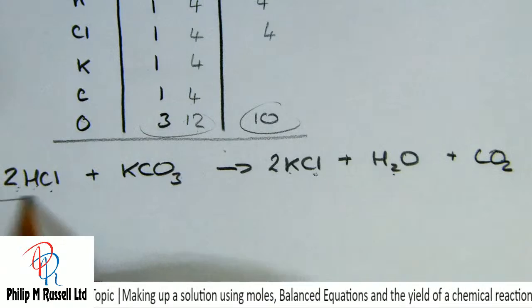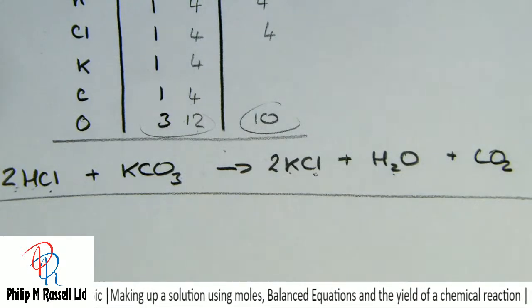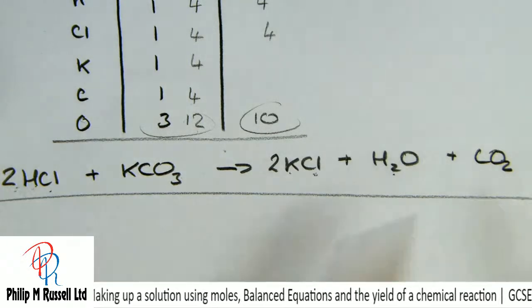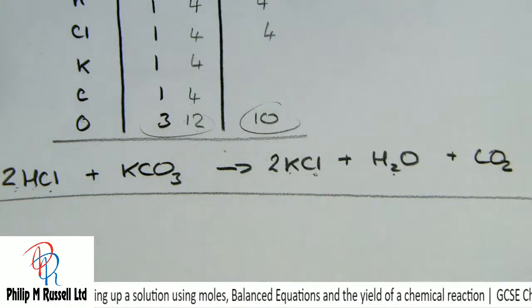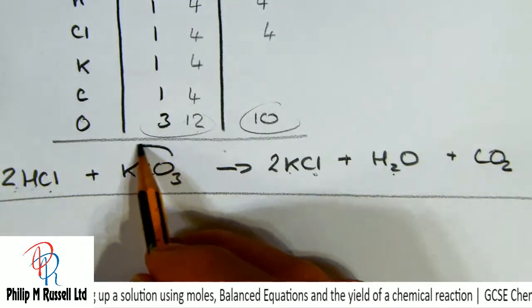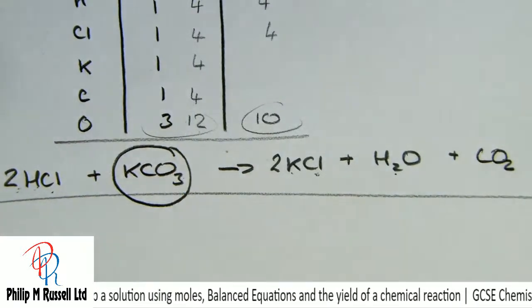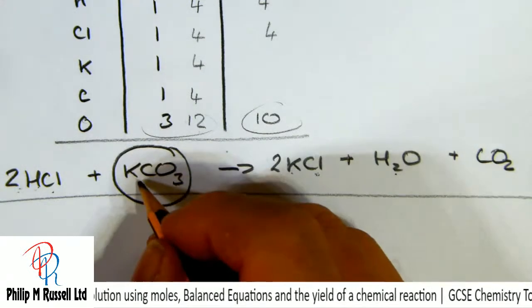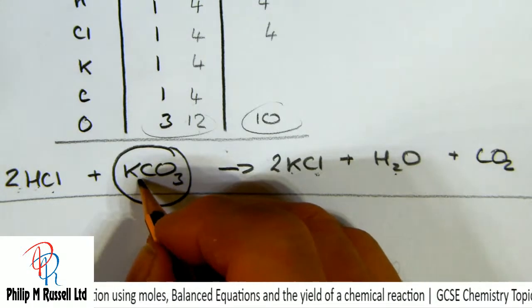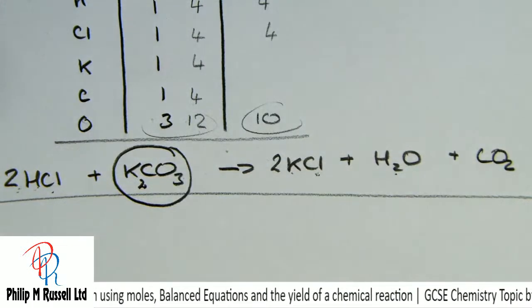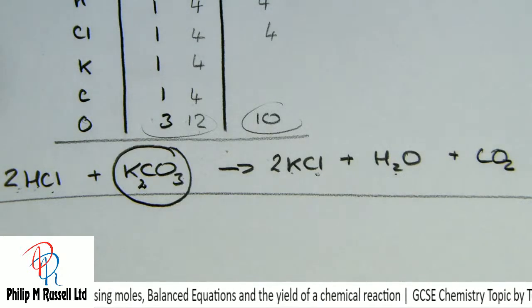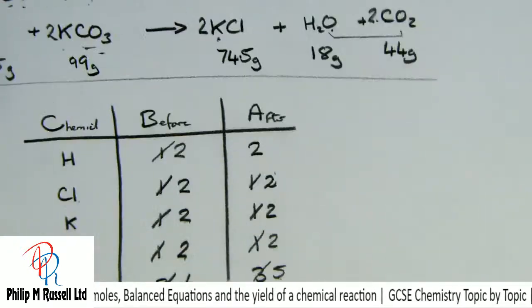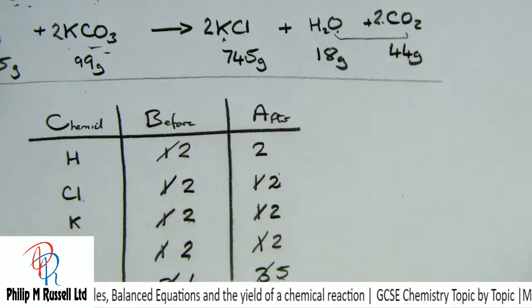I've made a mistake. Now, where have I made a mistake? Well, this is becoming apparent as we start working this out, and which is why we need to work out all these equations properly, because we've got K2CO3, and if we don't get these formulas right, then everything else goes to pot.